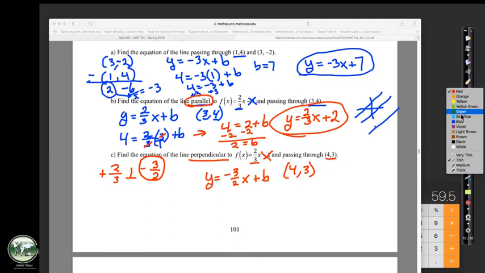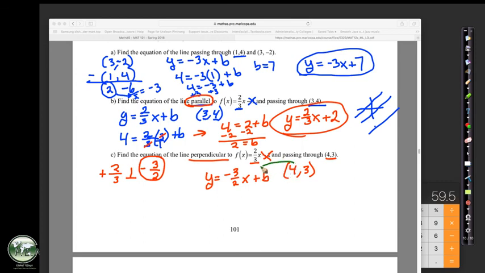Let's change colors here. Let's go with green. So the 4 is going to go in for x, the 3 goes in for the y. So we get 3 equals -3/2 times 4/1 plus b. 2 goes into 4 two times, so they don't quite cancel.